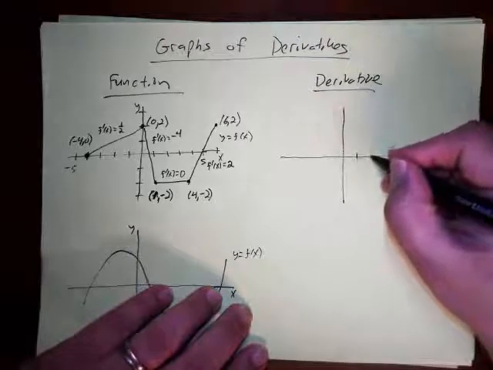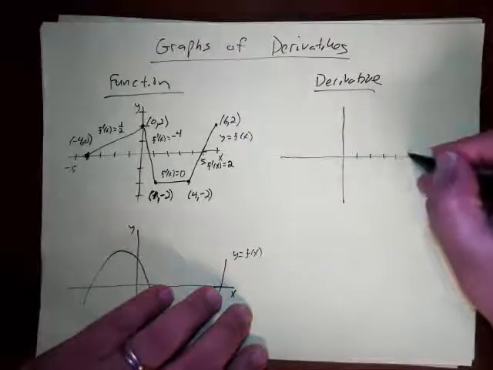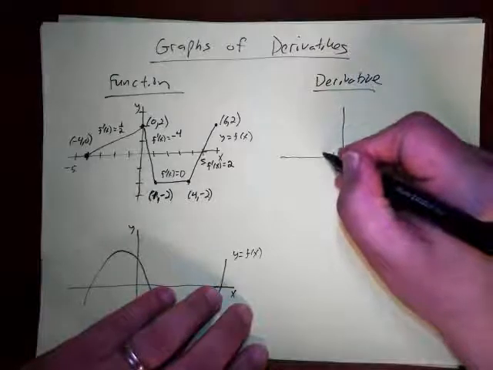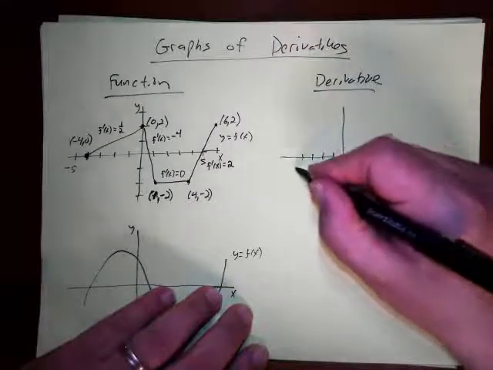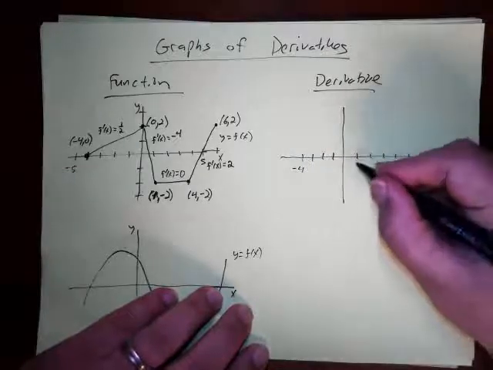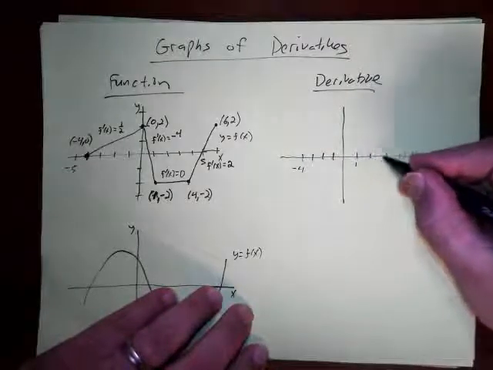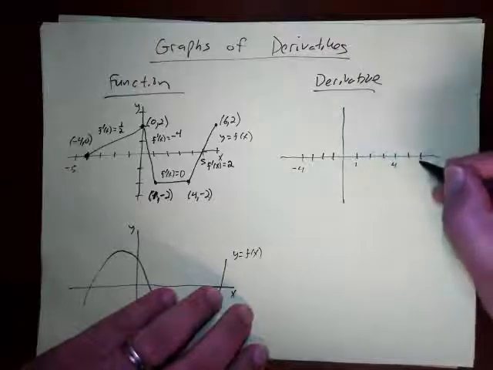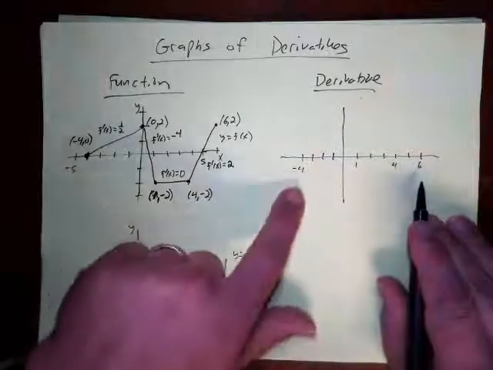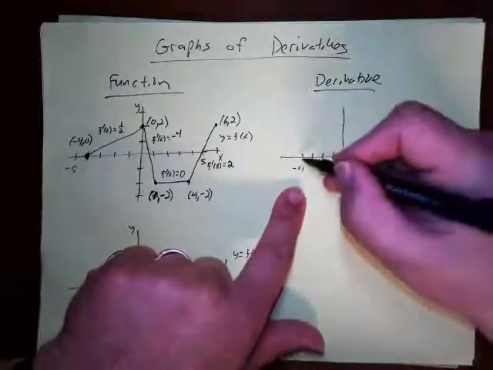1, 2, 3, 4, 5, 6. 1, 2, 3, 4. So there's negative 4, 1, 4, and 6. So these are the main x values.